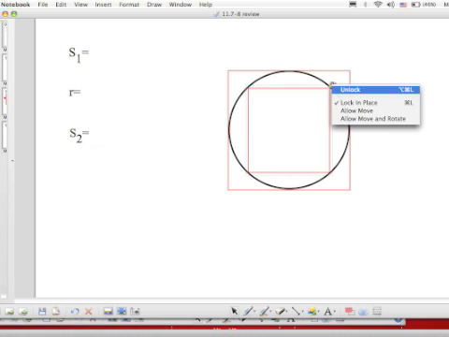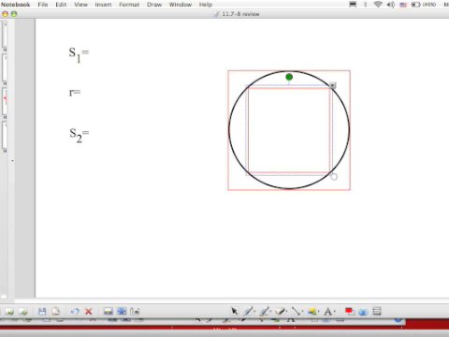Okay, and I have this wrong. Let me fix this. This needs to be crooked. Like that. Okay. Alright.